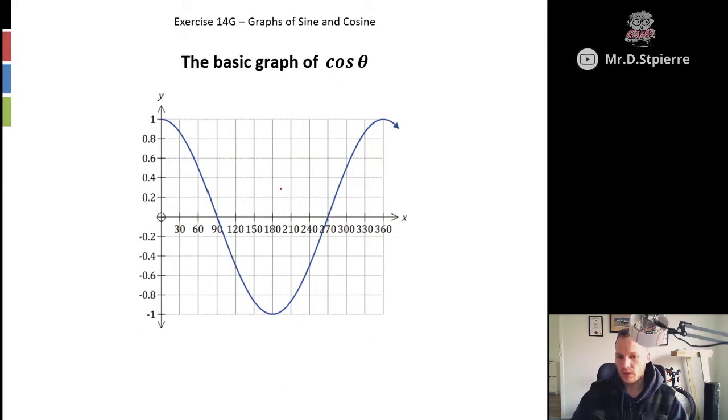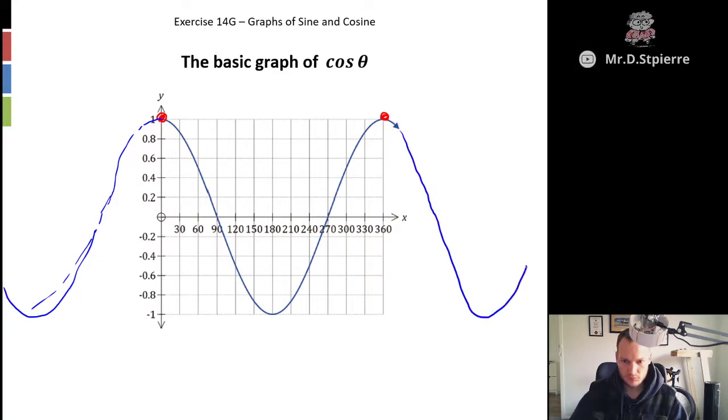There's a look at one full cycle of the cos graph, which we have seen. You saw in the exercise that you did in class. Same thing, going all the way from 1 all the way up to 1. And this graph, if we continued it, just keeps repeating and repeating and repeating. So the same thing, from there to there is one cycle.